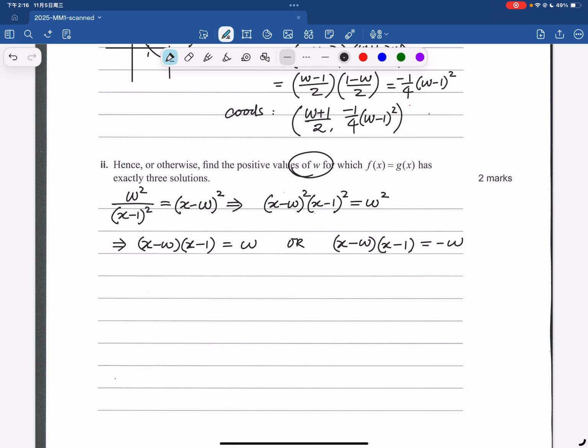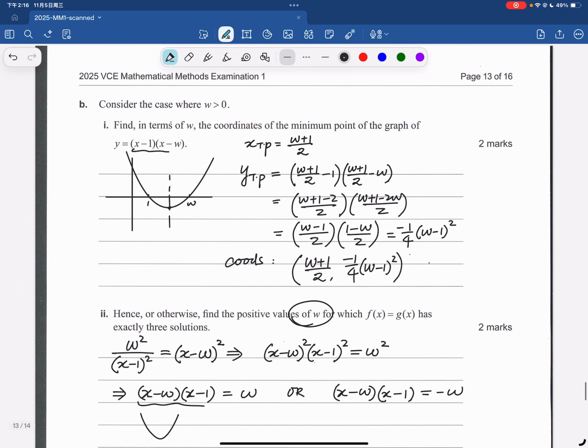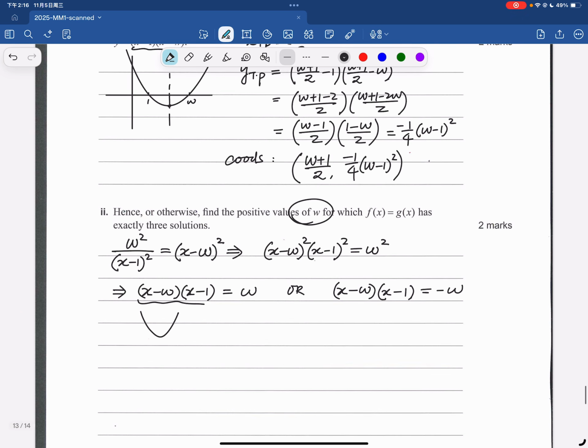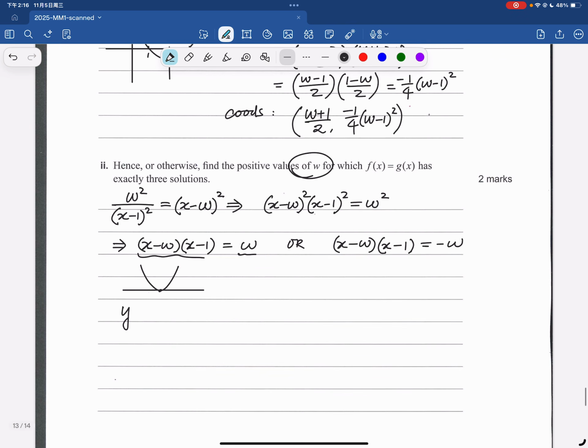One case is, well, if you have this graph, you analyze from previous part. W is like a horizontal line. So can I get the turning point to touch the horizontal line? If that's the case, the y turning point equals to minus a quarter w minus 1 squared equals to w.